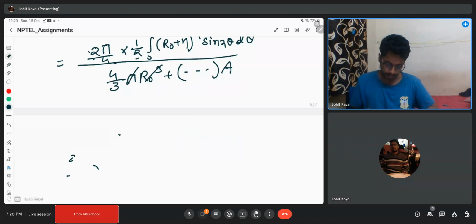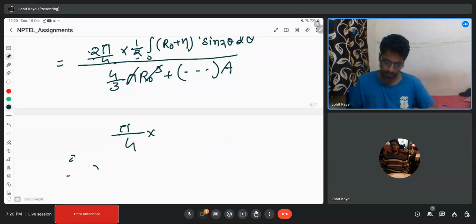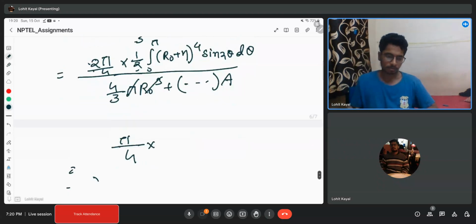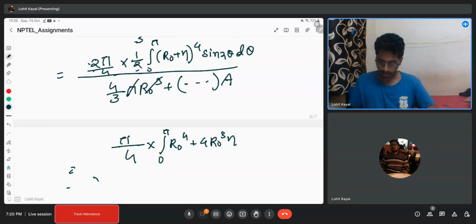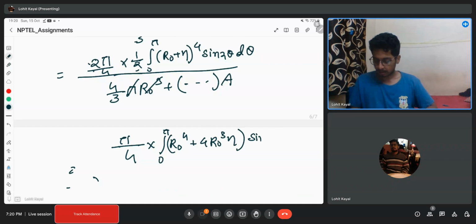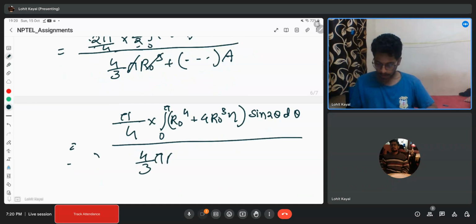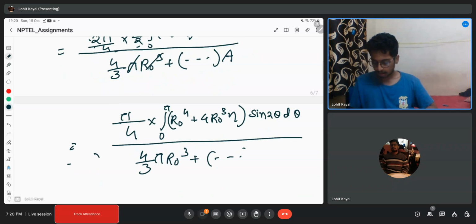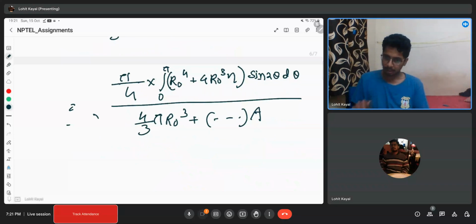Now, for the linearized approximation, we will get pi by 4 into the integral 0 to pi of r naught to the power 4 plus 4 r naught cube into eta, into sine 2 theta d theta, divided by 4 by 3 pi r naught cube plus those terms multiplied with a. This first quantity you have already got, that will be 0, so we will not bother about that.